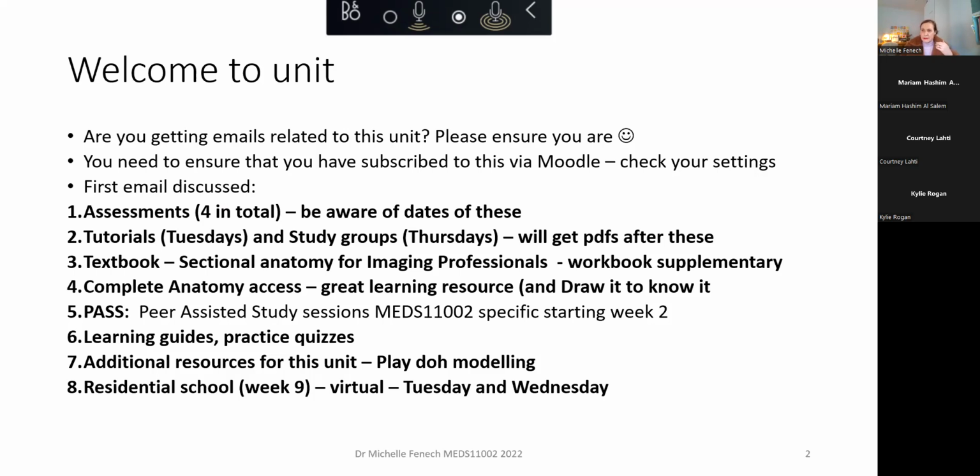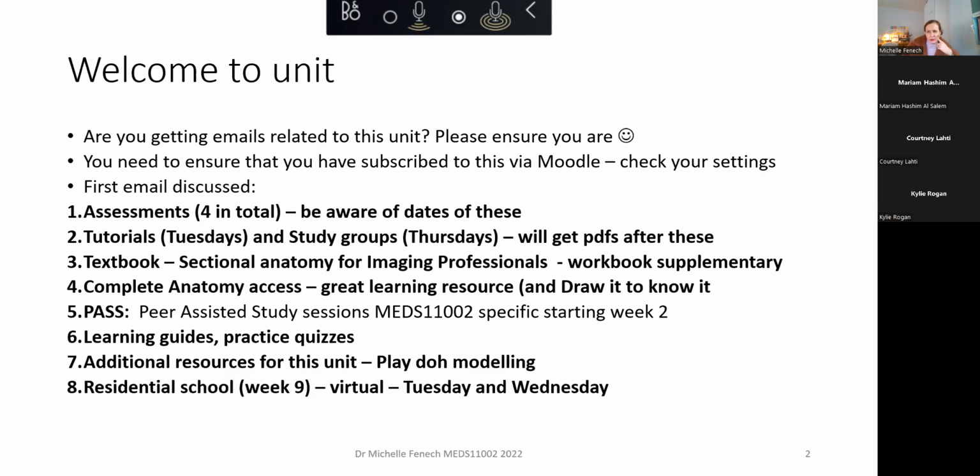I do have one question regarding the Complete Anatomy program that we're using. It says what course you're doing, and it comes up with radiology or radiography, not sonography. So which one would be better for us? There was no sonography option. That's weird, isn't it? Has anyone picked one? I probably would have thought radiology, because we want all of the information. Has anyone else had that problem? I don't have that when I go into it.